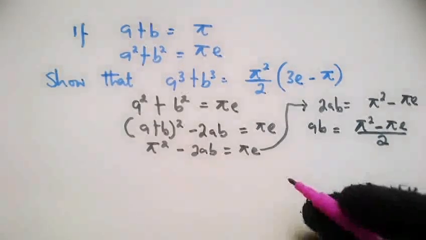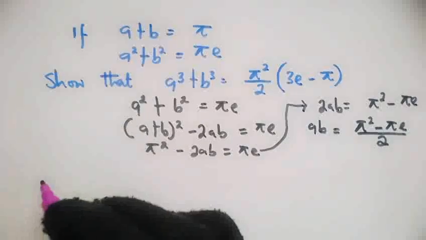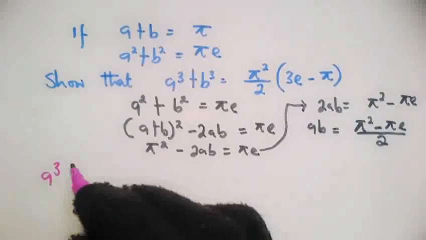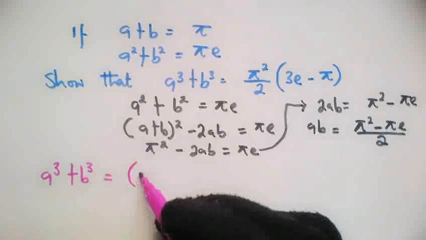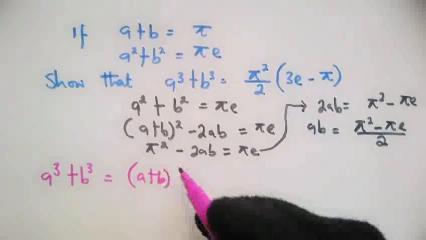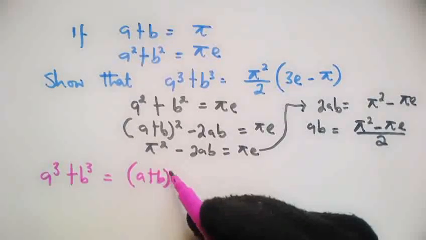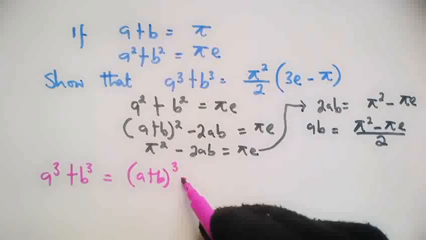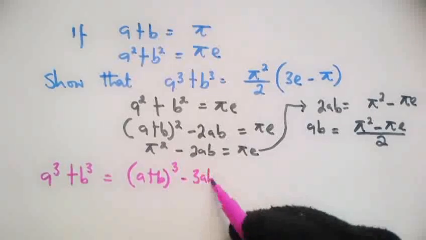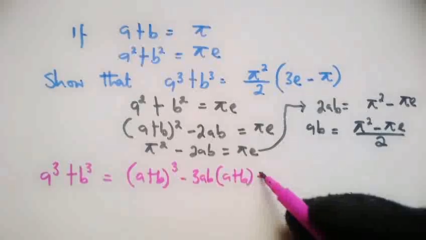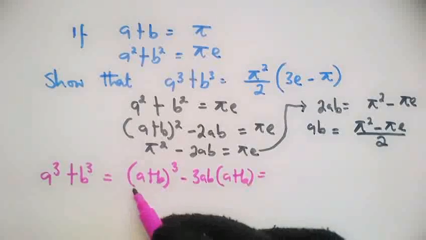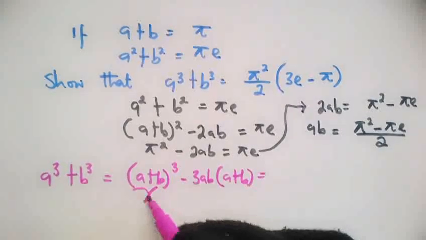Now we're going to find the value of a raised to the power 3 plus b raised to the power 3. This is equal to a plus b, another famous identity, raised to the power 3 minus 3 times ab, then open bracket a plus b. Now a plus b here is equal to pi.